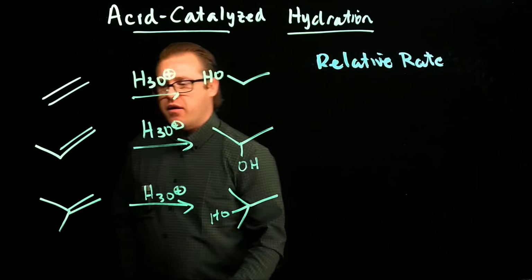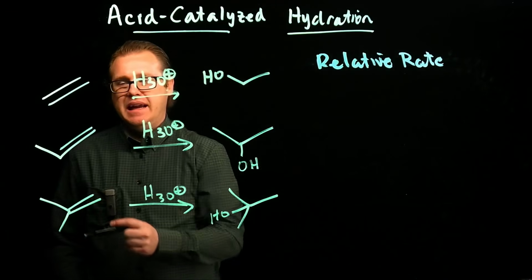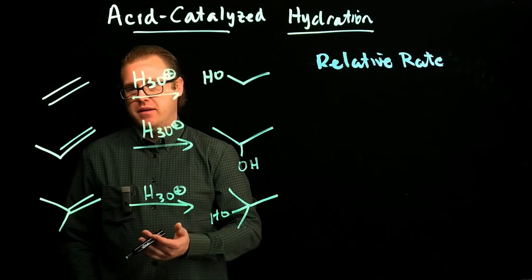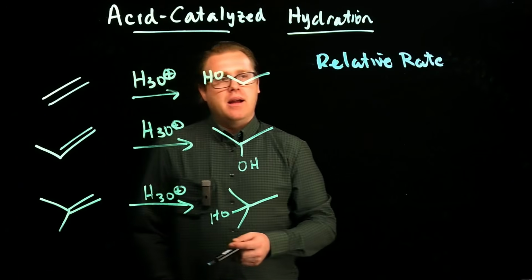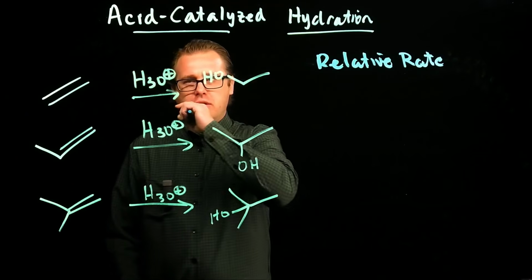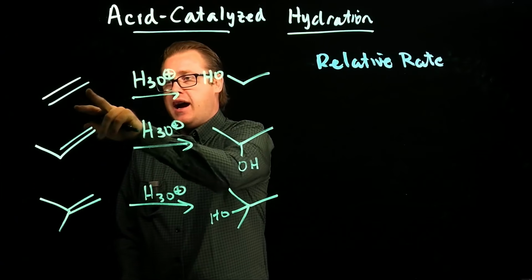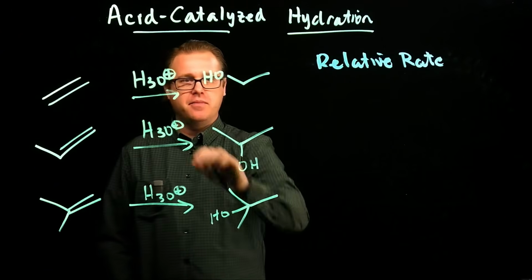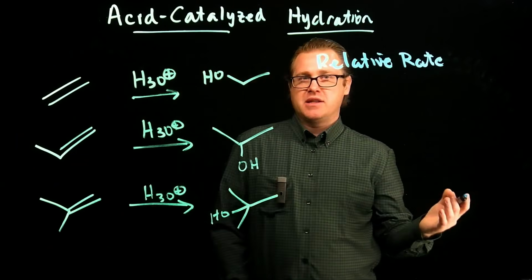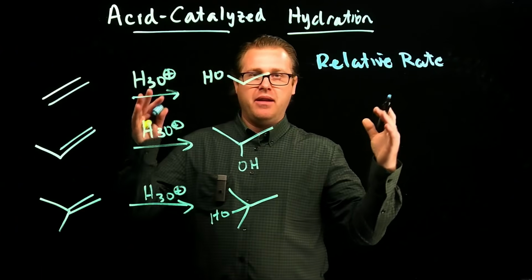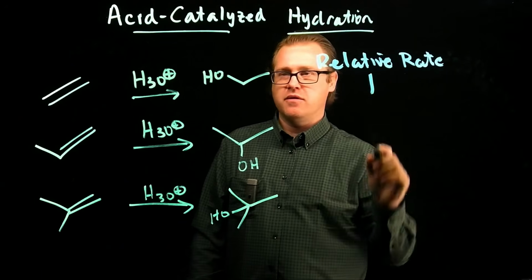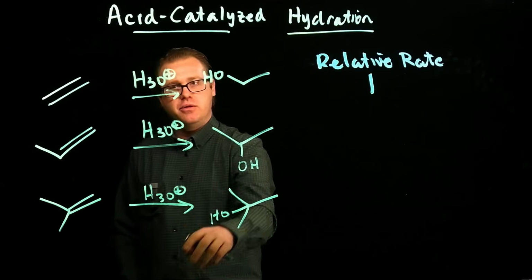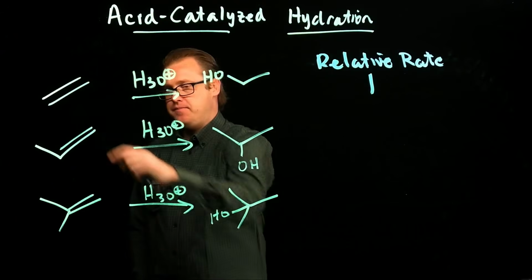What I have here are 3 different types of alkenes, and the difference between the alkenes is the substitution pattern. We're going to time how long this reaction takes at the top one, and whatever its time, we're going to call that a relative rate of 1. Then we're going to compare the other 2 to this reaction rate.